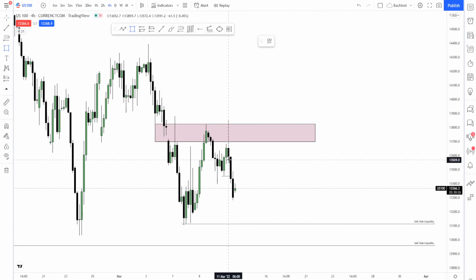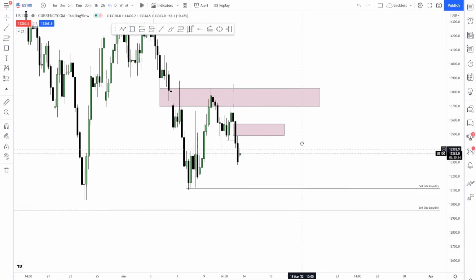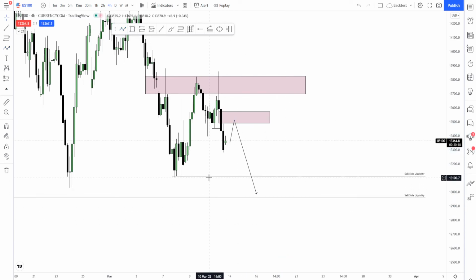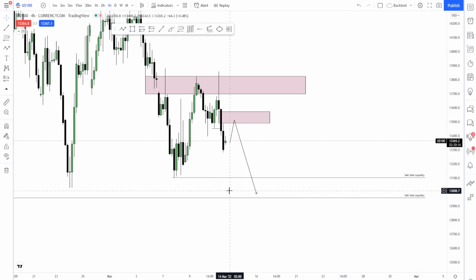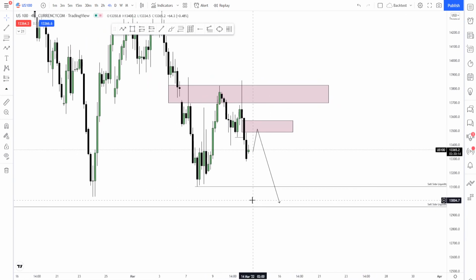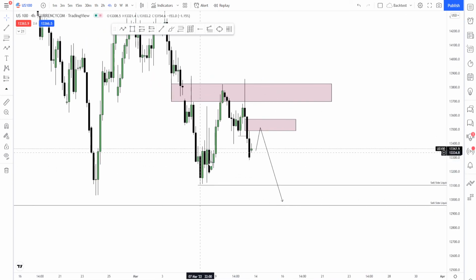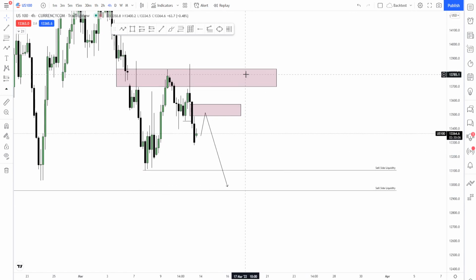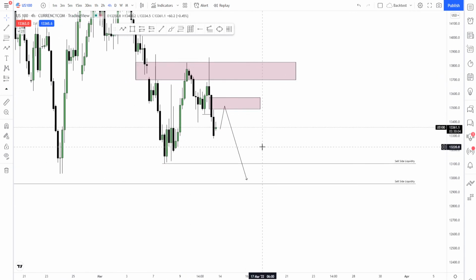So we can expect price to come up to this imbalance and continue dropping. So we can expect the price to do this. Let's see what happens. Shift in market structure, come up, down, take out the sell side liquidity and give us a buy and see what's up.